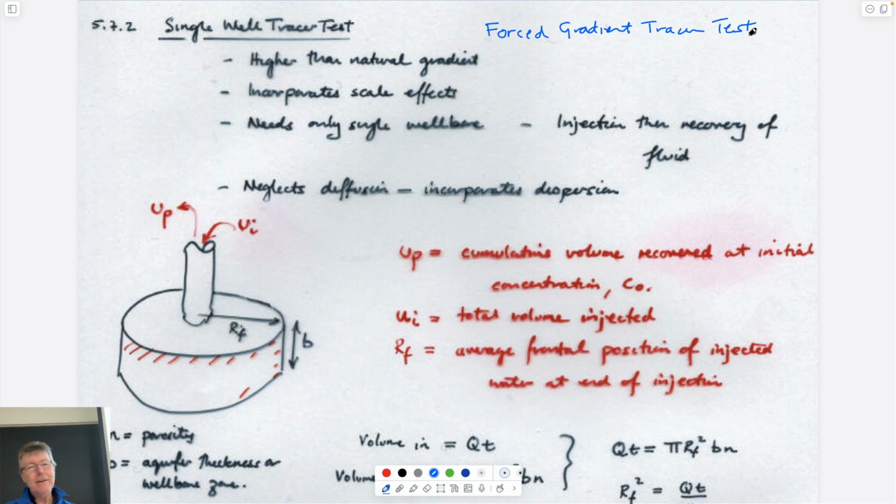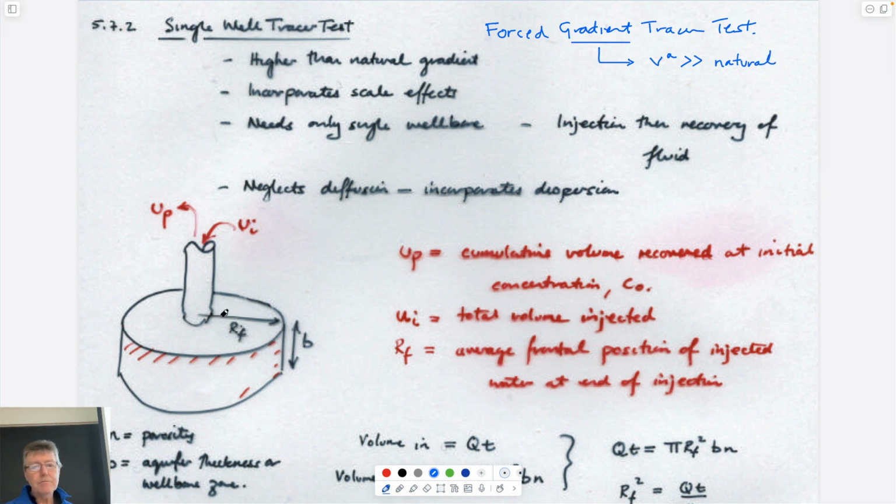And the reason is because they sample a larger volume, but they tend to be run at higher pressure gradients and therefore higher velocities. So the gradient here refers to a pressure gradient or head gradient, but really it's referring to the fact that the advective velocity is much greater than natural when it's just sitting there in situ doing its own thing.